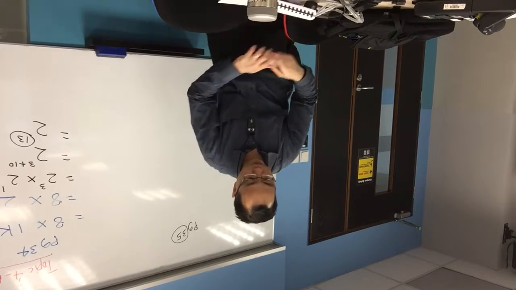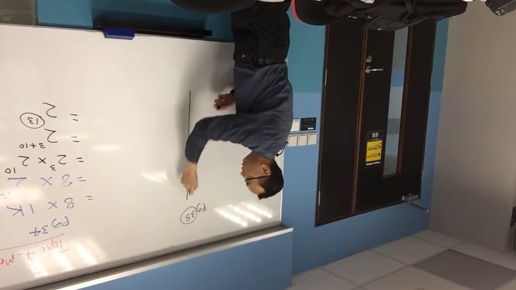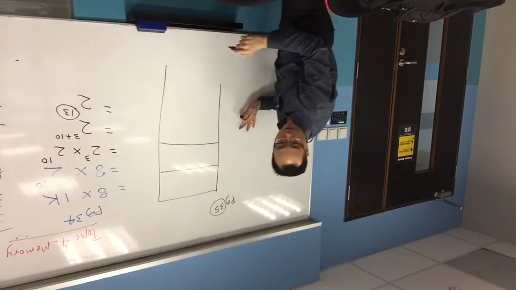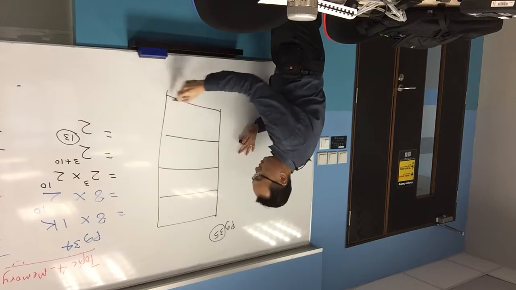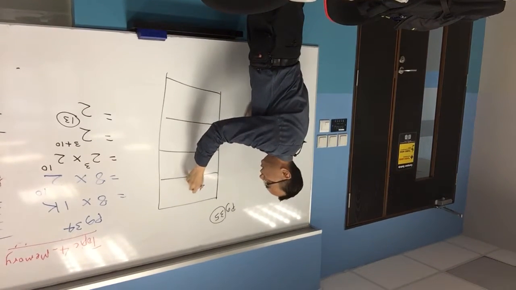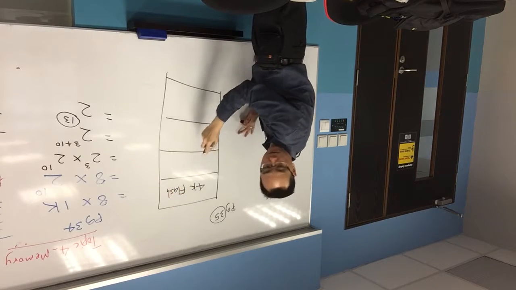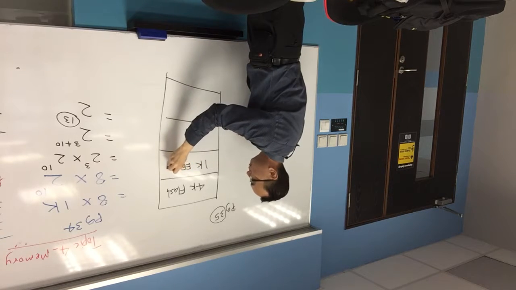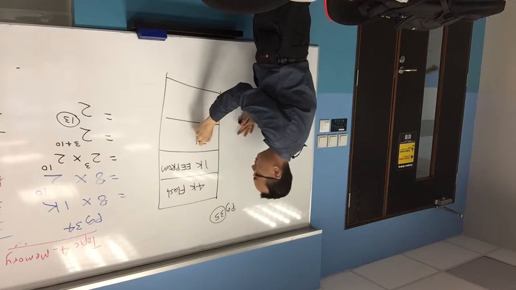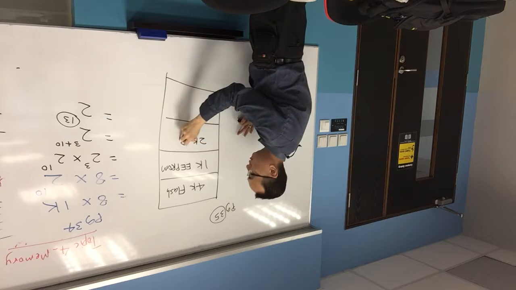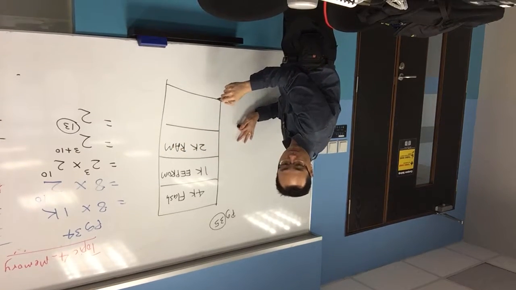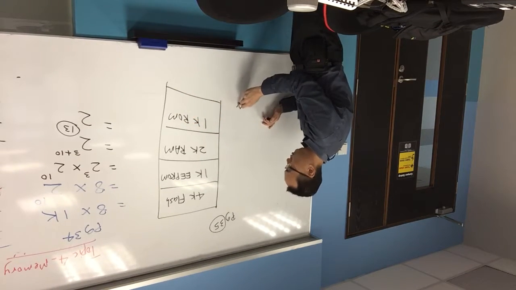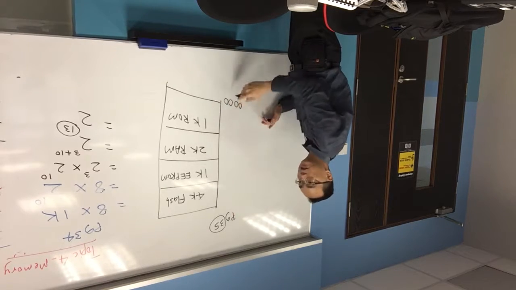So if I were to quickly sketch this, on page 34, I've divided it into 4 segments. So this one is 4K flash, and this is 1K. We know that this one is all in hexadecimal.